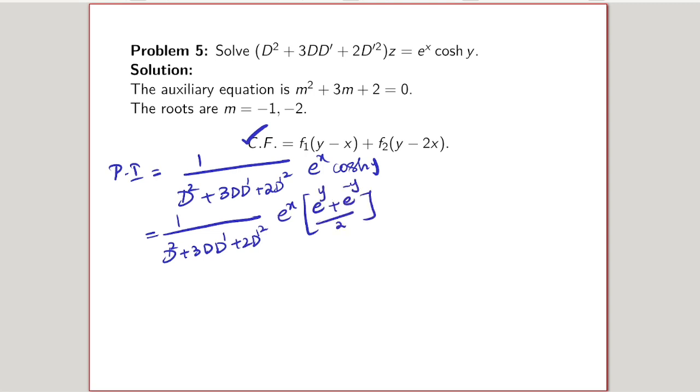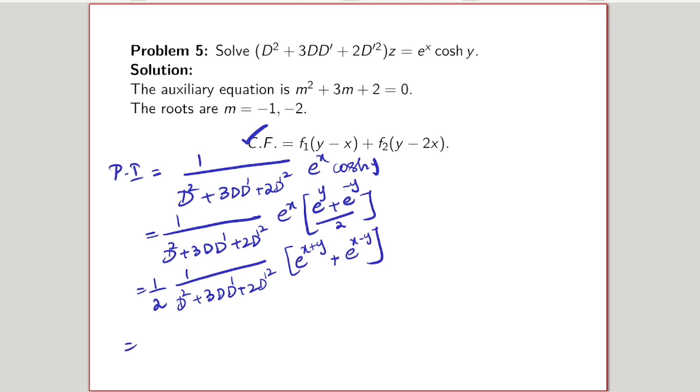Since 1 by 2 is a constant, I am going to take it outside. And then 1 by d square plus 3 d dash plus 2 d dash square into e power x plus y plus e power x minus y.